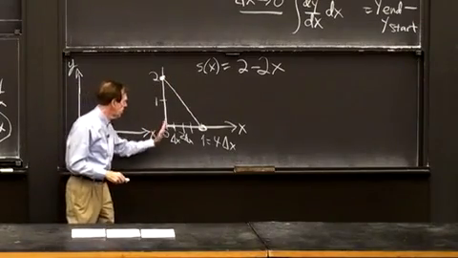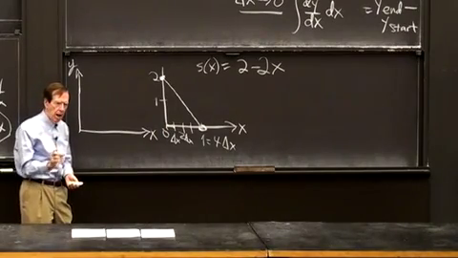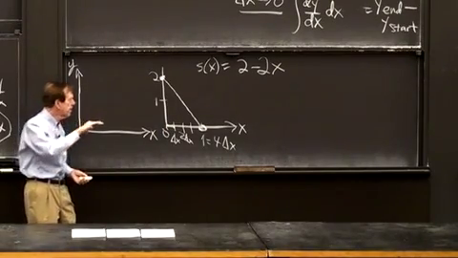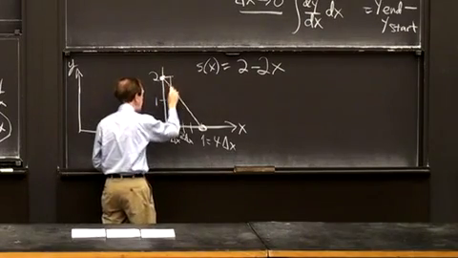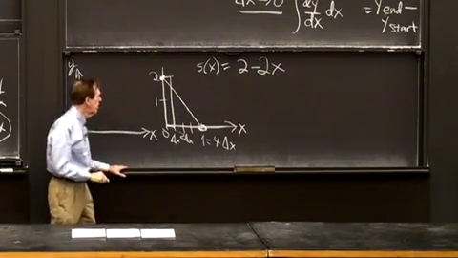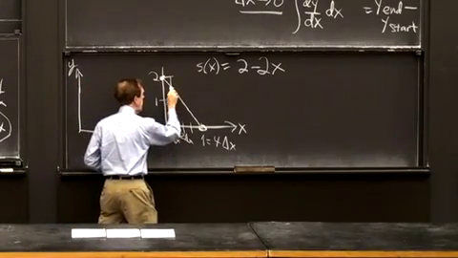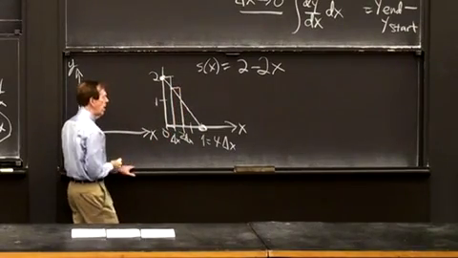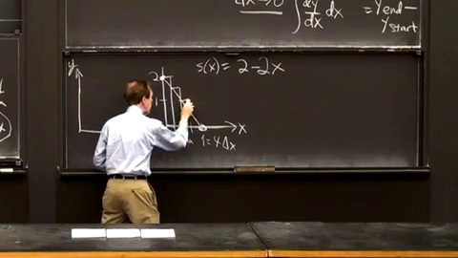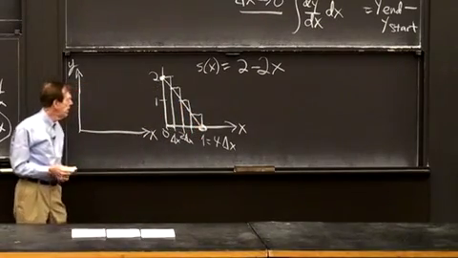So over this first delta x, I'm going to pretend that the slope stays at 2. So I'm pretending that this is my slope function. And then over my next delta x, I'm going to pretend that it stays at 1.5. And then I'm going to pretend that it stays at 1, and then I'm going to pretend that it stays at 0.5. Okay.